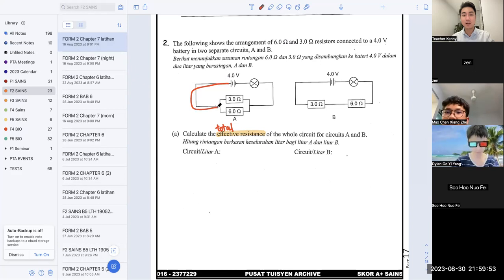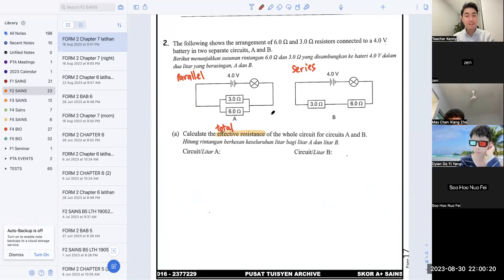Can the wire split? I have one wire here, another wire coming out from here. This one is only one wire, one straight connecting end to end. This one has to split into 2 branches. So this is a parallel circuit and this is a series circuit.